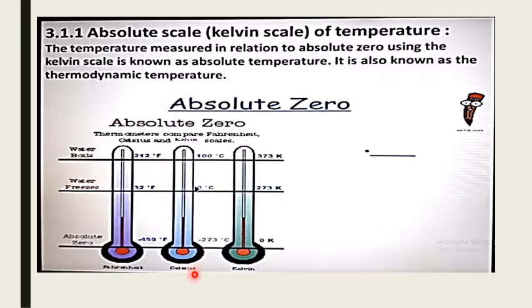In the Celsius scale, absolute zero is minus 273 degrees centigrade, water freezes at 0 degrees centigrade, and water boils at 100 degrees Celsius. In the Kelvin scale, absolute zero is 0 Kelvin, water freezes at 273 Kelvin, water boils at 373 Kelvin. This is the comparison between the Fahrenheit, Celsius and Kelvin scales.